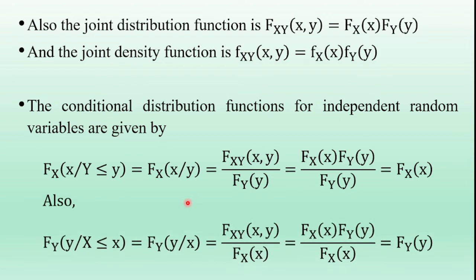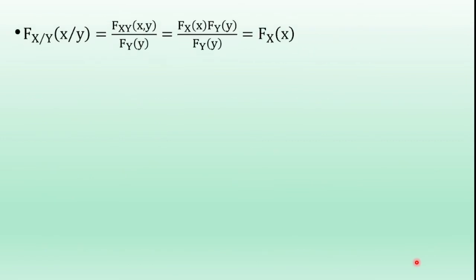Similarly, F_Y(y | X less than or equal to x), or F_Y(y|x), is equal to F_XY(x,y) divided by F_X(x). In the numerator term, applying the statistically independent random variable condition, the numerator and denominator F_X(x) cancel and the remaining term is F_Y(y).